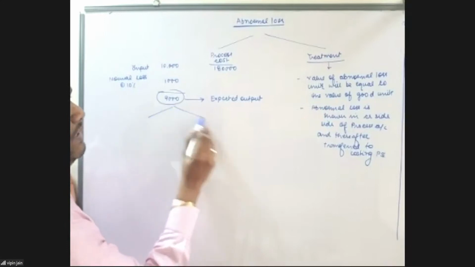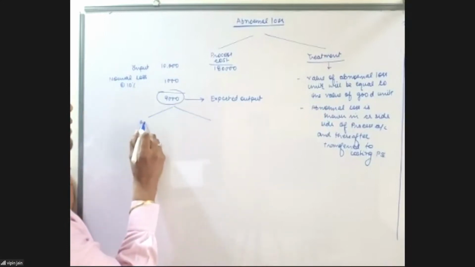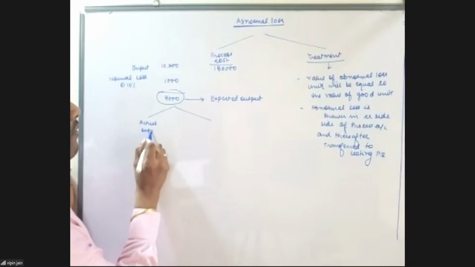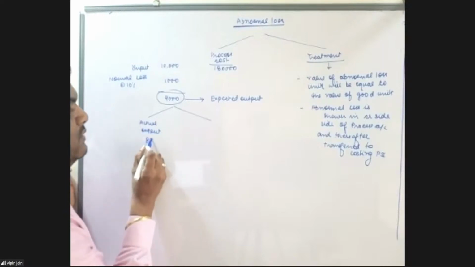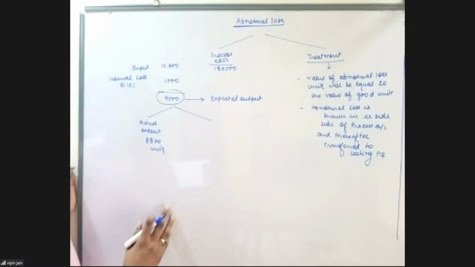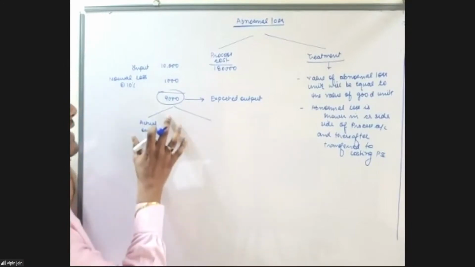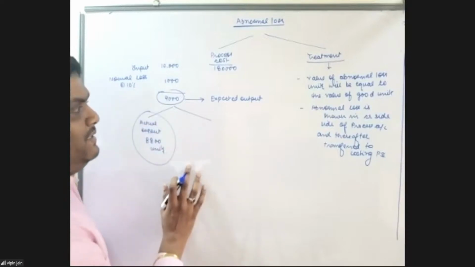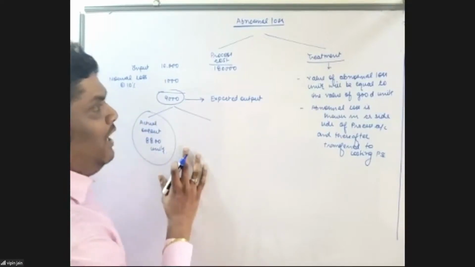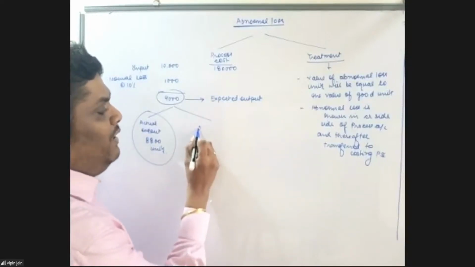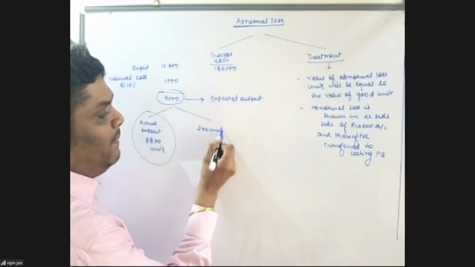Now, when the actual results were out, my actual output was only 8,800 units. It means my actual output is less than expected output. Therefore, these 200 units are my abnormal loss.